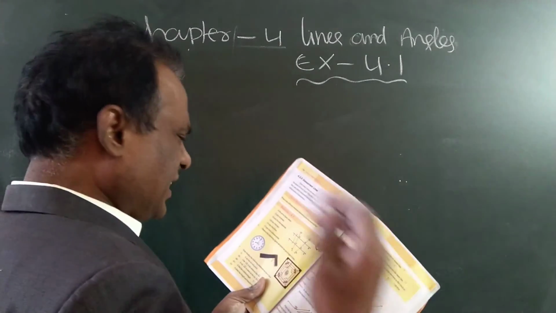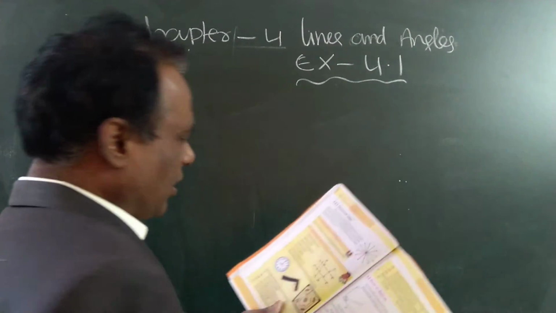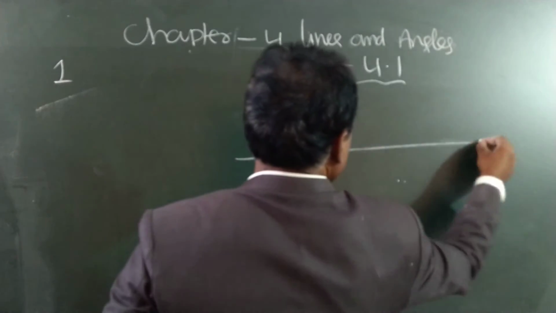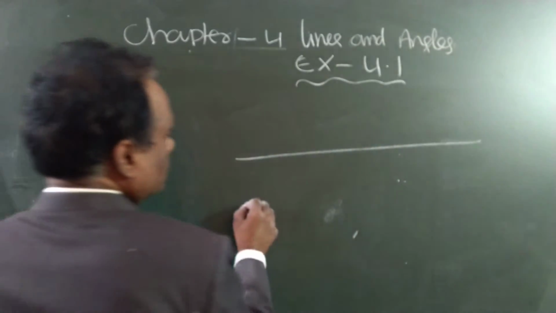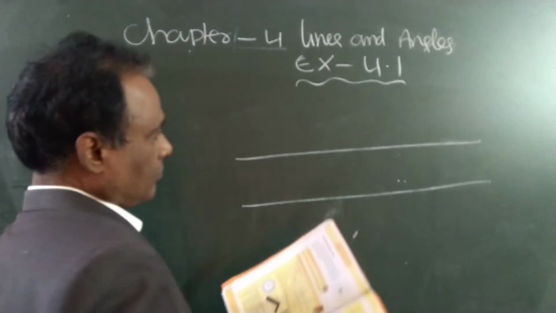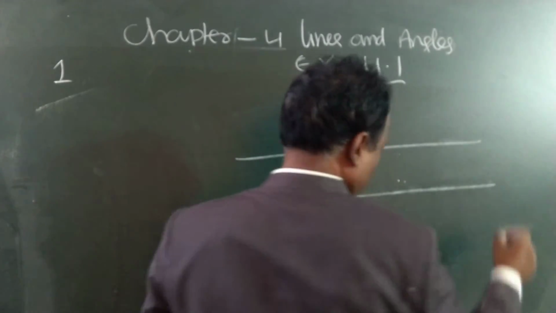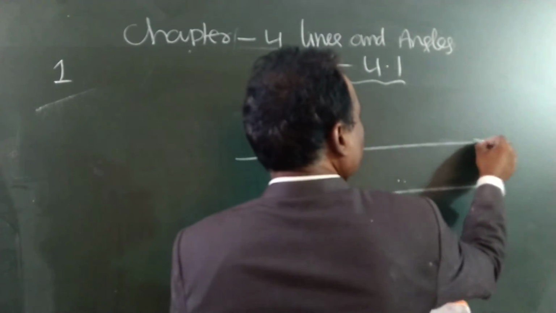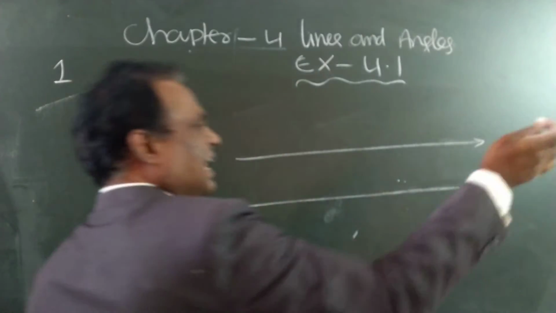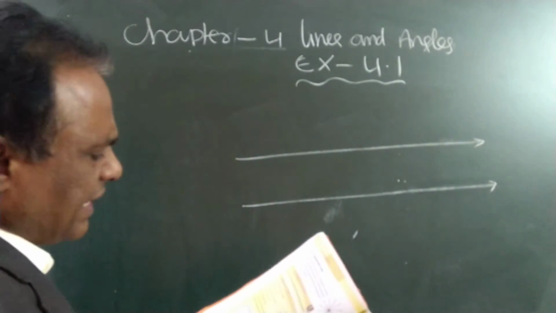Simple questions, actually no need of explanation, you can do all. So this is a symbol for a line and no, they are parallel lines.